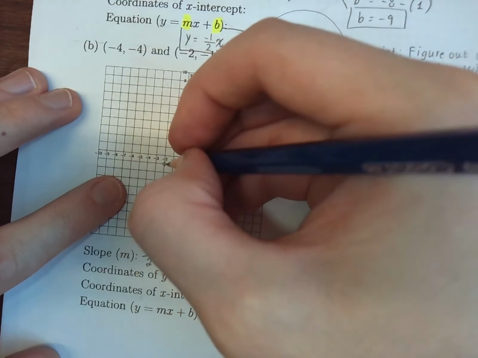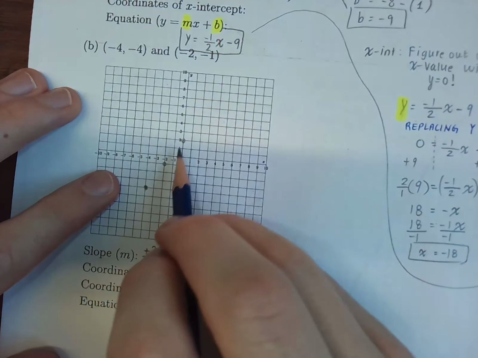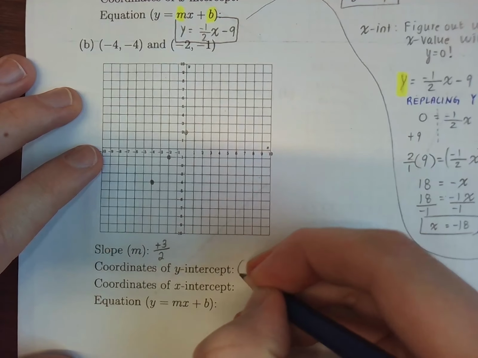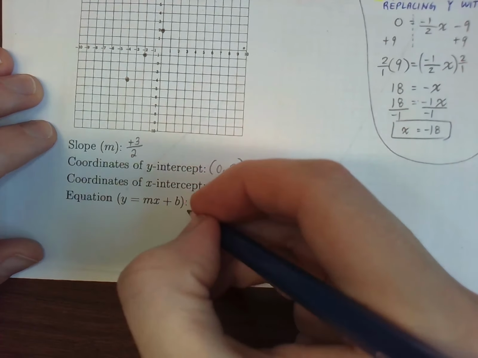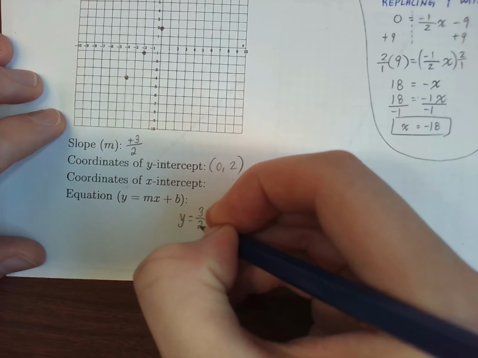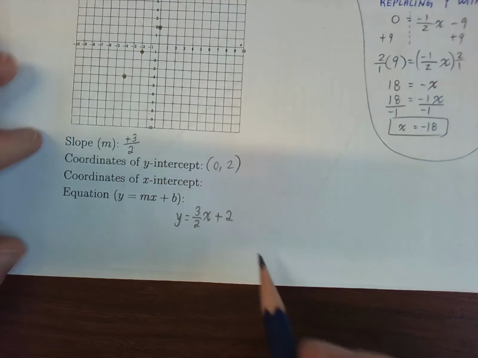So I go up 3 every time I go across 2. That means I'm going to cross my y-axis at 0, 2. So my equation is going to be y equals 3 over 2x plus 2.